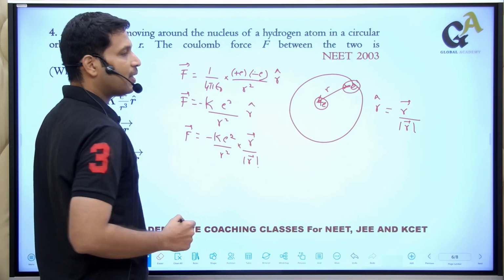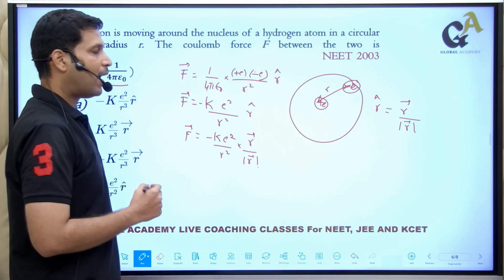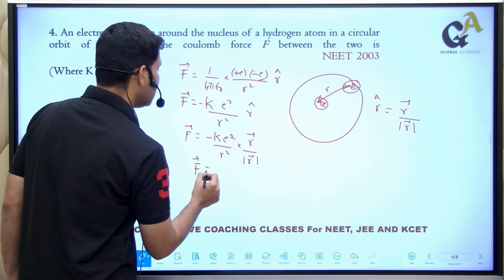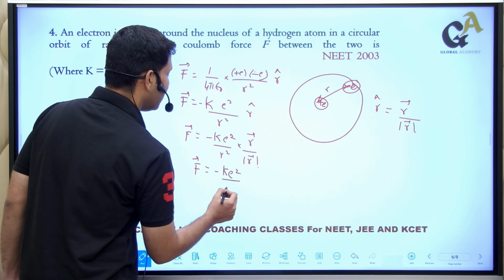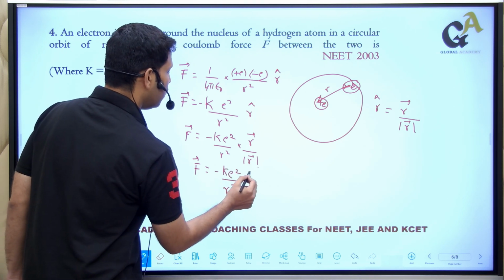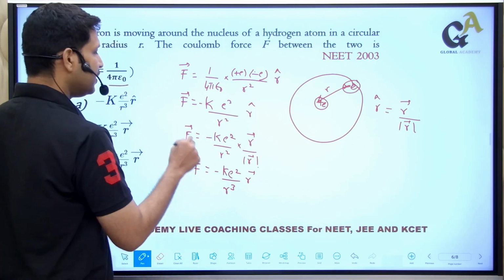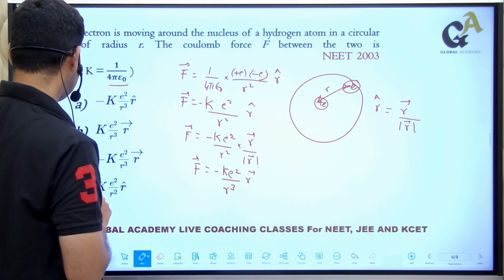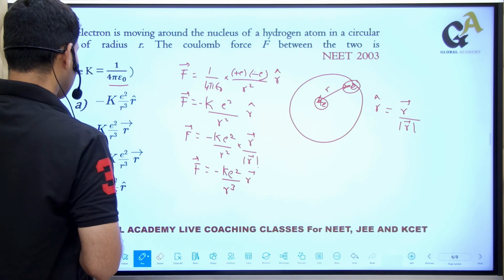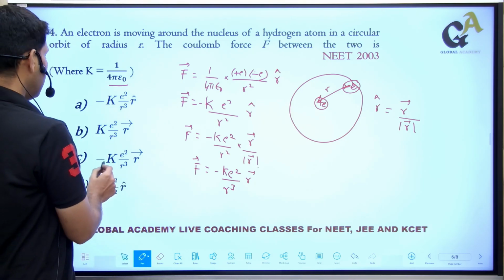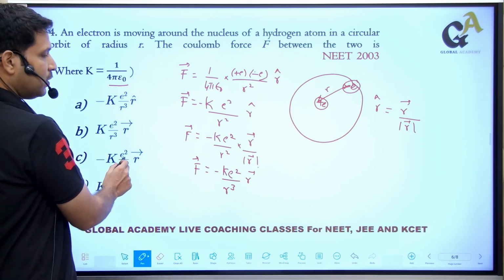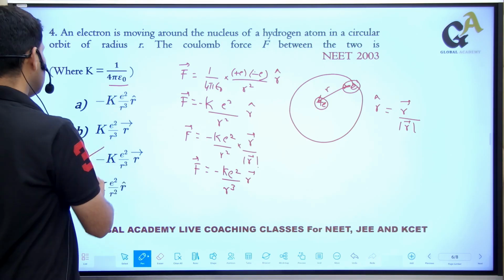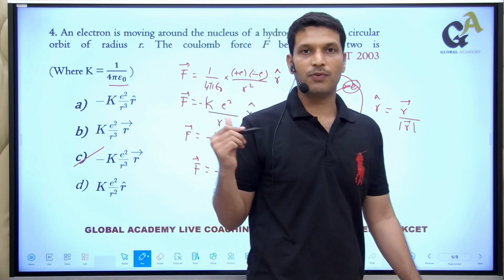The magnitude of vector r is nothing but r only, right? So you will get F is equal to minus k e square divided by r cube into vector r. Let us see whether this answer is in the options. Yes, here F is equal to minus k e square divided by r cube into vector r. So C is the correct answer for this question.